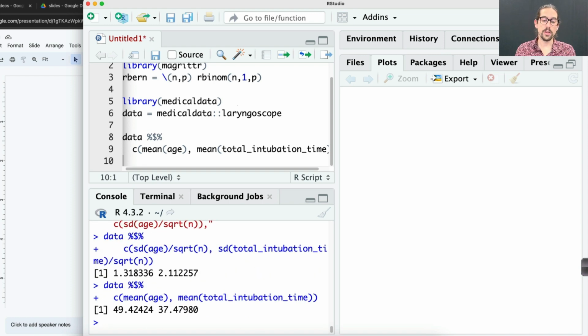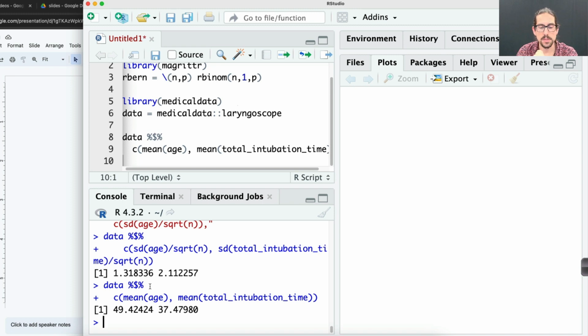Okay, so these are the estimates of the mean age, and this is our estimate of total intubation time, and these are the corresponding estimated standard errors for both of these measurements.